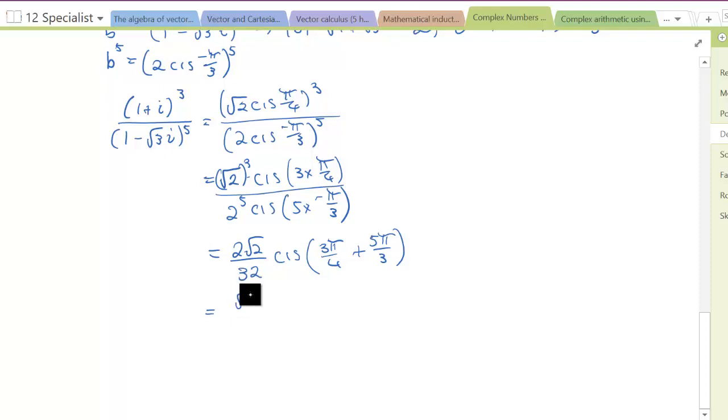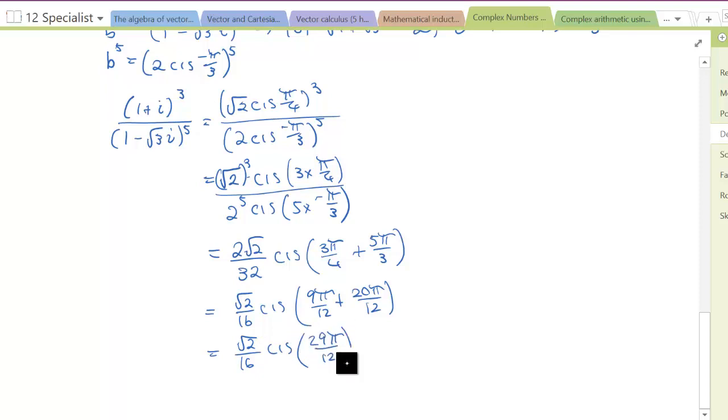So we get root 2 on 16 cis. Common denominator is 12 again, so multiply by 3 here and we get 9 pi on 12. And multiply by 4, so we get 20 pi on 12. We have root 2 on 16 cis 29 pi on 12.